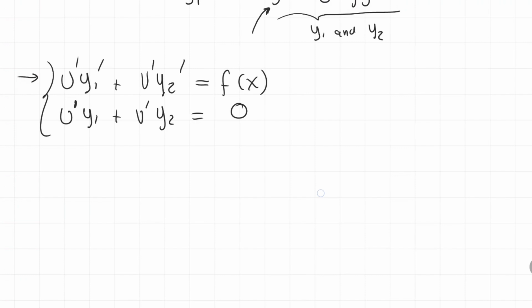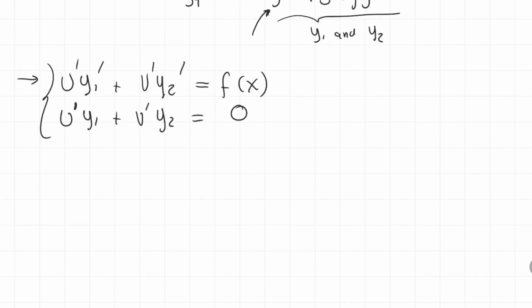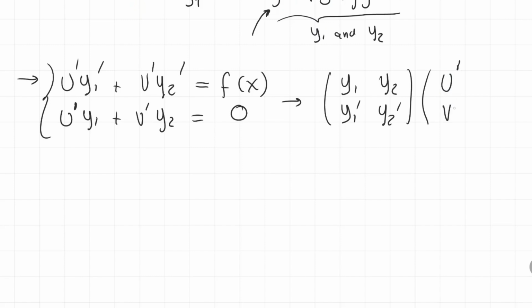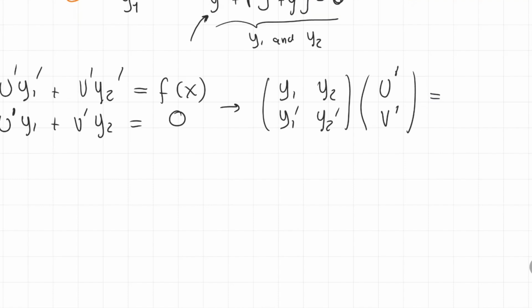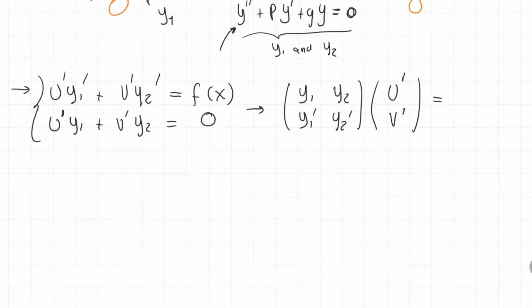Okay? So first, to be able to solve this system of equations, let's notice that we can write this as y1, y2, y1 prime, y2 prime in a matrix representation, times a column vector of u prime, v prime, and this is going to be the vector 0, f of x.